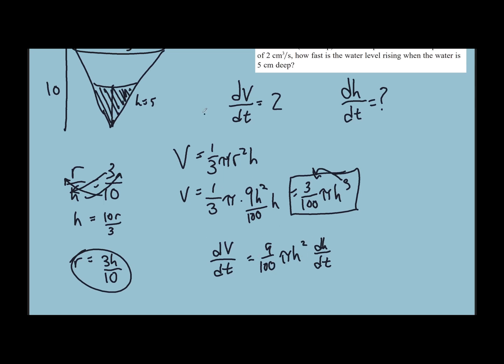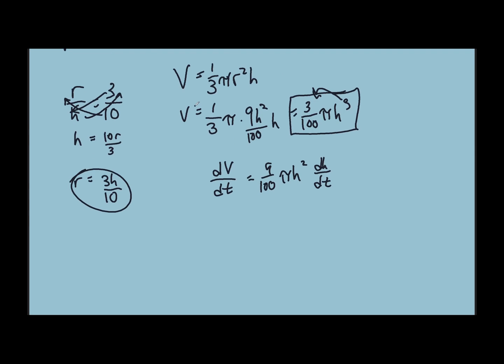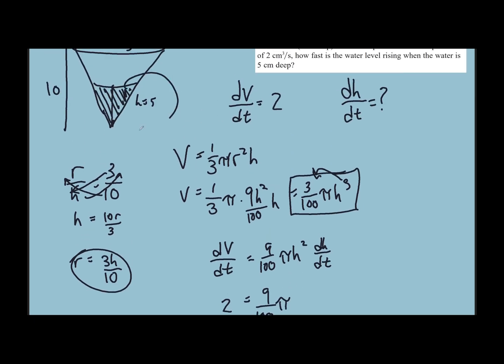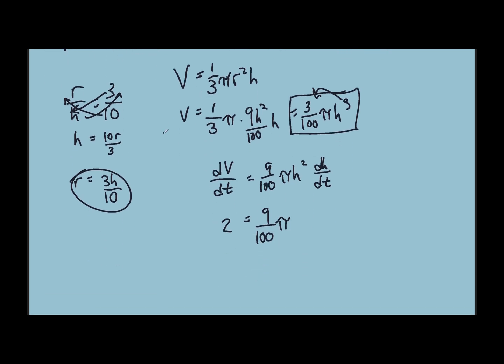So that means that we should know or be able to figure out this and all of these. My dV/dt is given to us. It's 2 cubic centimeters per second, so we'll say 2 equals 9/100 pi. Our height is currently 5, so that's times 25 times dh/dt. Okay, we're getting warmer.